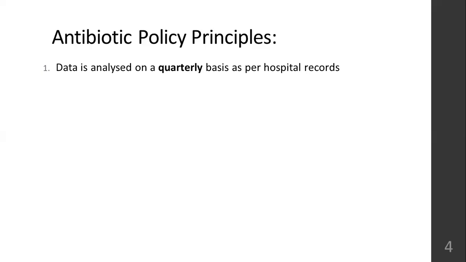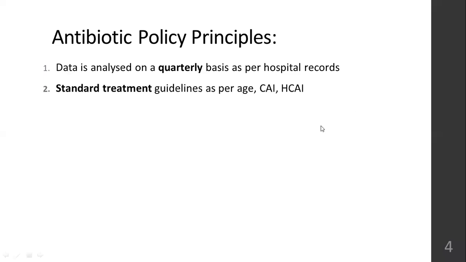From which ward, inpatient departments or ICU, are we getting the majority of the antibiotic resistant cases? So this data has to be analyzed on a quarterly basis, once in 4 months.